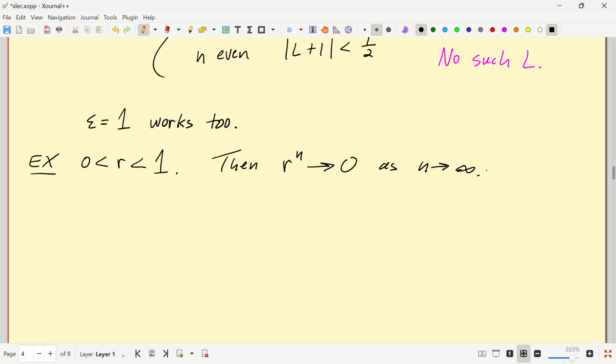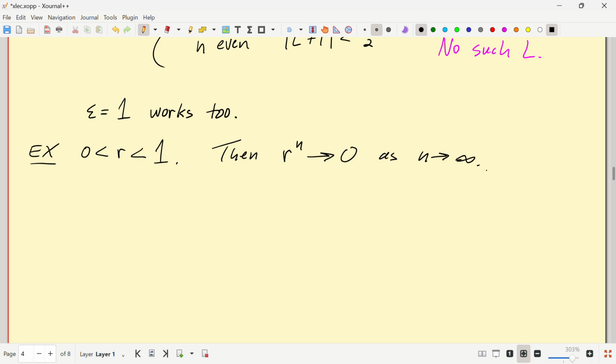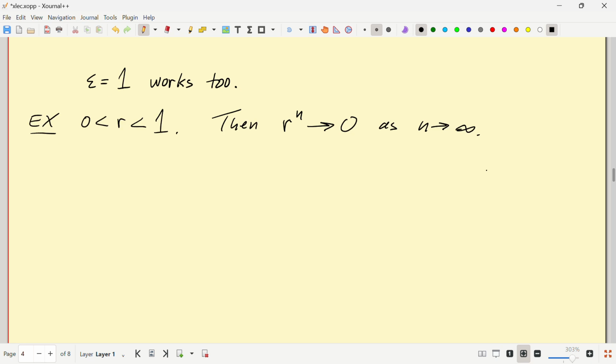You learned this in freshman calculus, and the easiest, most transparent way to study it is, let's see, we want to show that r^n is less than epsilon. The easiest way is to use the log function.